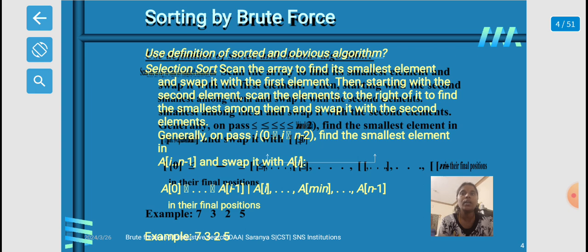The output is the array A[0..n minus 1] sorted in non-decreasing order. For i from 0 to n minus 2, min equals i. For j from i plus 1 to n minus 1, do: if A[j] is less than A[min], then min equals j. Swap A[i] and A[min].